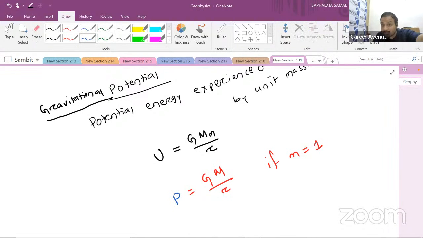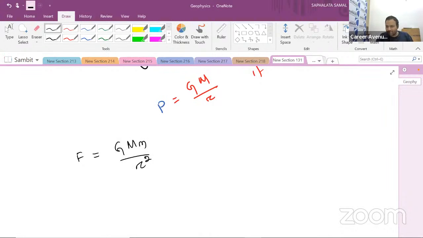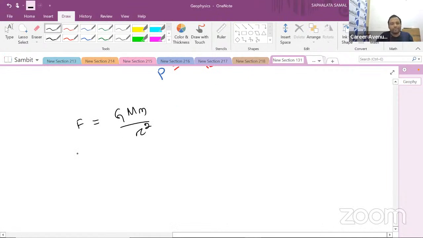So let me summarize till now what we have discussed. We discussed force. Force was GMm by r square. I'm not writing in the vector form because vector forms are often not required in the examination. For knowledge it is okay, but when you do numericals, you will calculate the scalar quantity. Similarly, the field was equal to force per unit mass. I will make this mass 1, so it will be GM by r square.